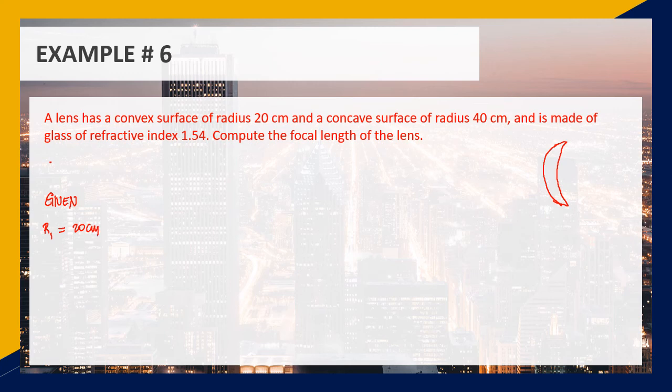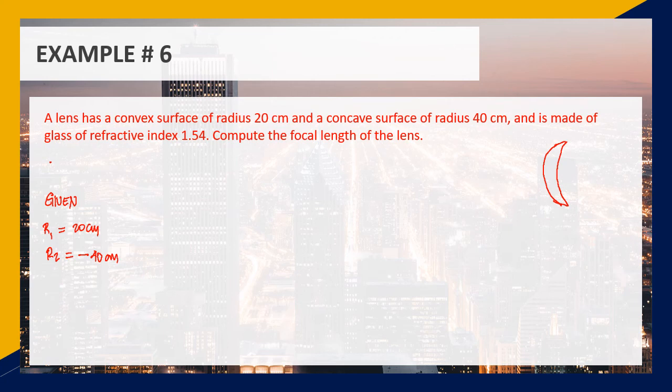Since convex man, ang radius of curvature niya is positive. Then itong radius 2, which is ang concave, ang radius of curvature is negative. So negative 40 centimeters. Okay?